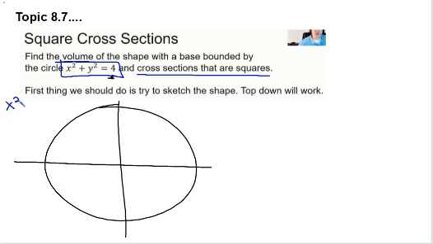We typically solve it for y. So if I solve it for y, I have y squared equals 4 minus x squared, and so y equals plus or minus the square root of 4 minus x squared. We will need that in a minute.